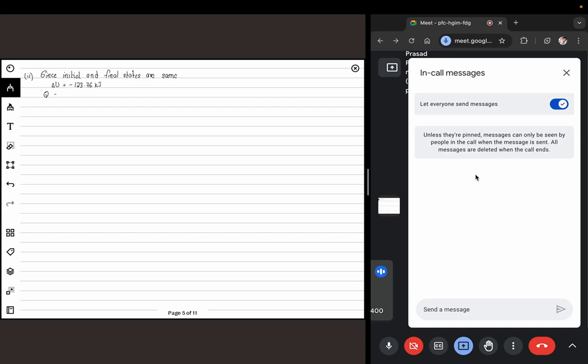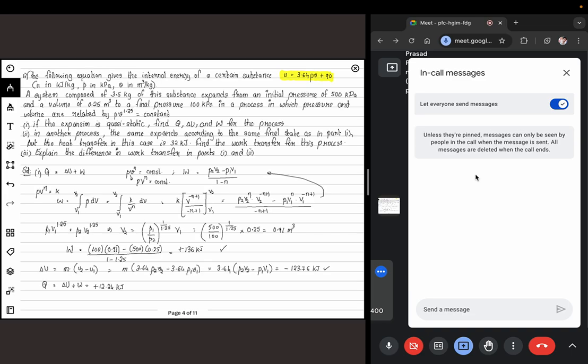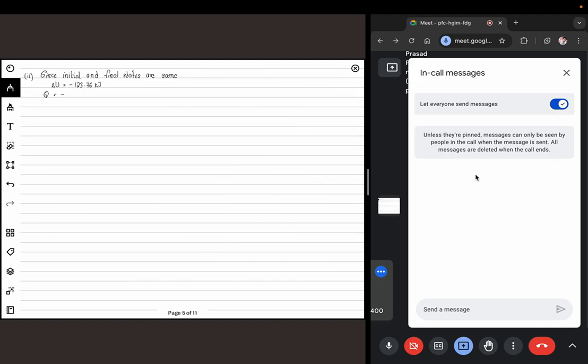And the heat transfer in this case is specified to be 32 kilojoules, which means the work done is given by the first law.